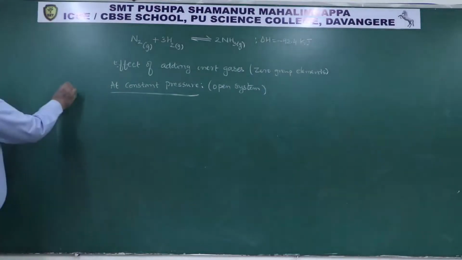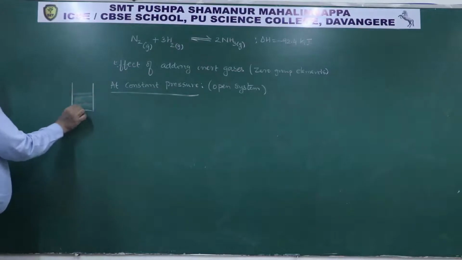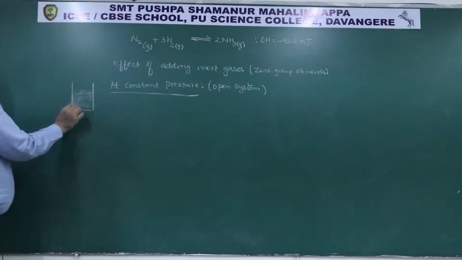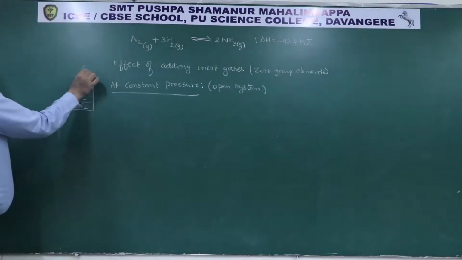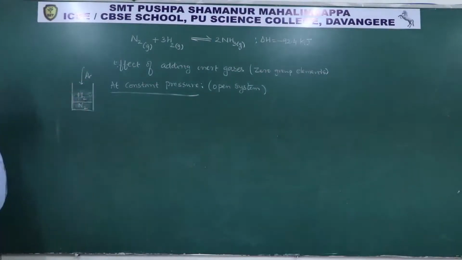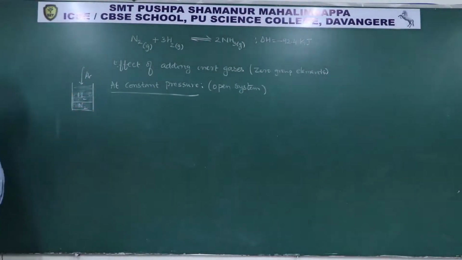Here we already have nitrogen and hydrogen. You are adding argon or any zero group element in excess. What happens in such cases? Volume increases. If an inert gas is added at constant pressure, that is, in an open vessel, the volume of the system increases.